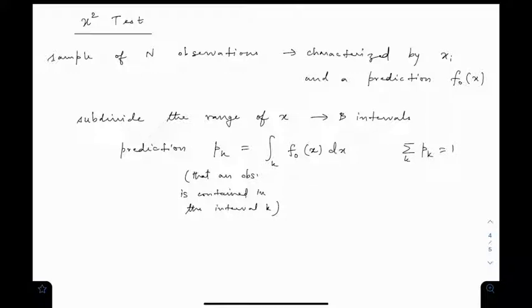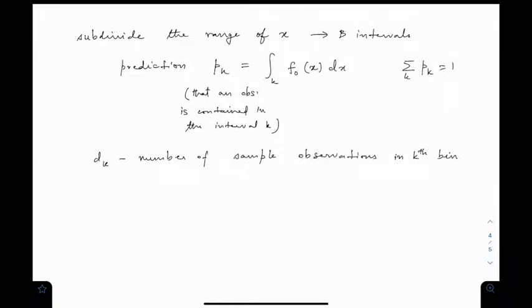The number of sample observations dk in the kth bin has to be compared with the expectation value.